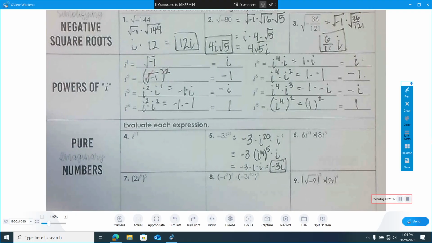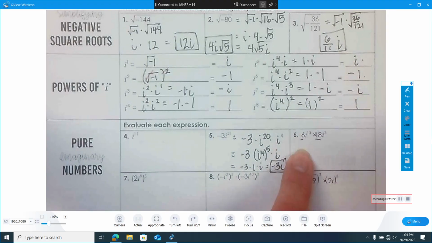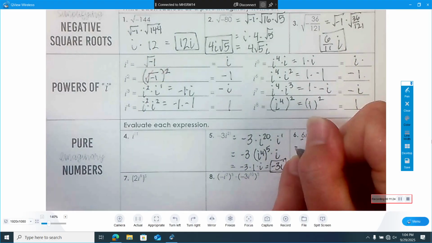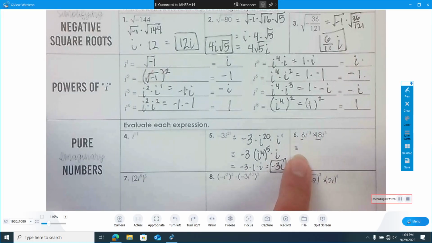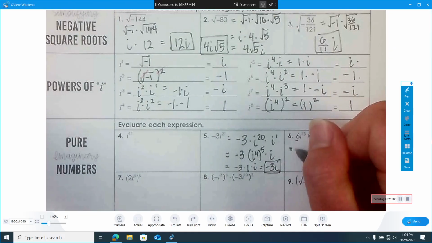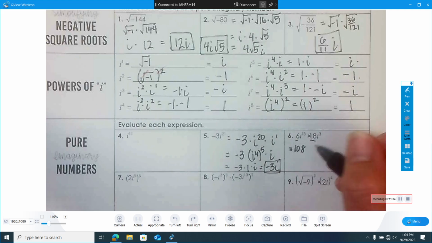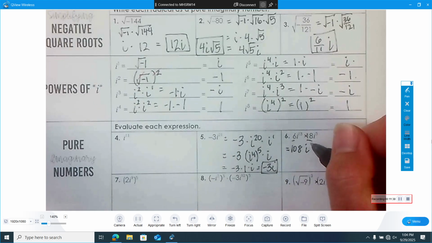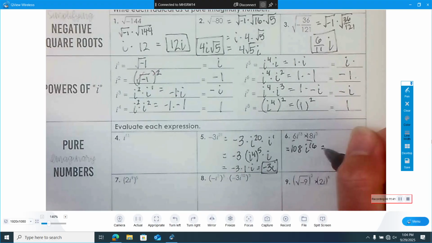All right, on number 6 here, I'm going to multiply my numbers together. 6 times 18 is, I have no idea. 6 times 18 is 108. And this is i to what power? i to the 16th. All right.